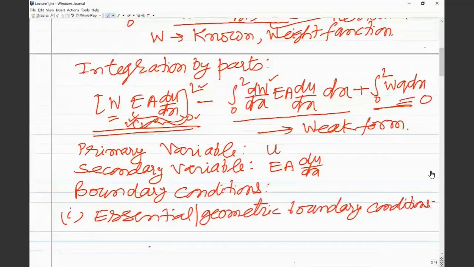In this case, for the given problem, u equal to 0 is specified at x equal to 0, so that is actually an essential or geometric boundary condition.